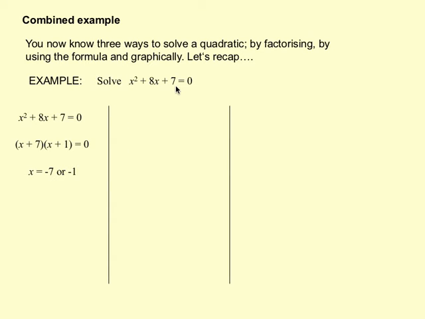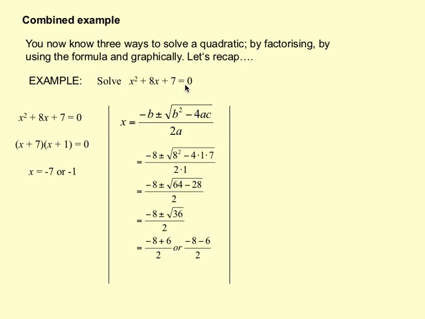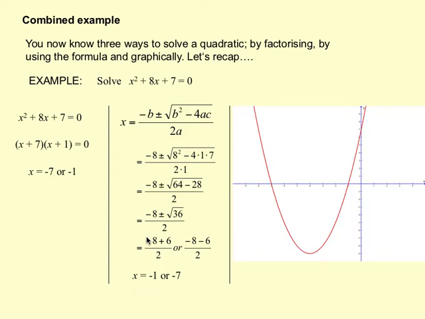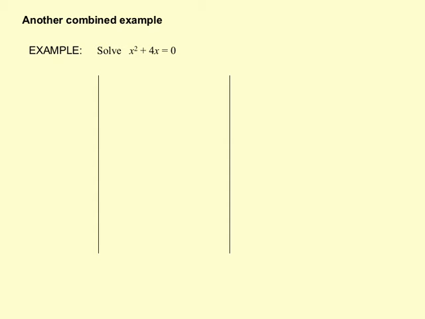Use the formula, write the formula down. A equals 1, B equals 8, C equals 7. Put the numbers in and solve it. Negative 1 or 7. Hey, same thing. Graph it. There's negative 7, there's negative 1. All works, all perfectly.